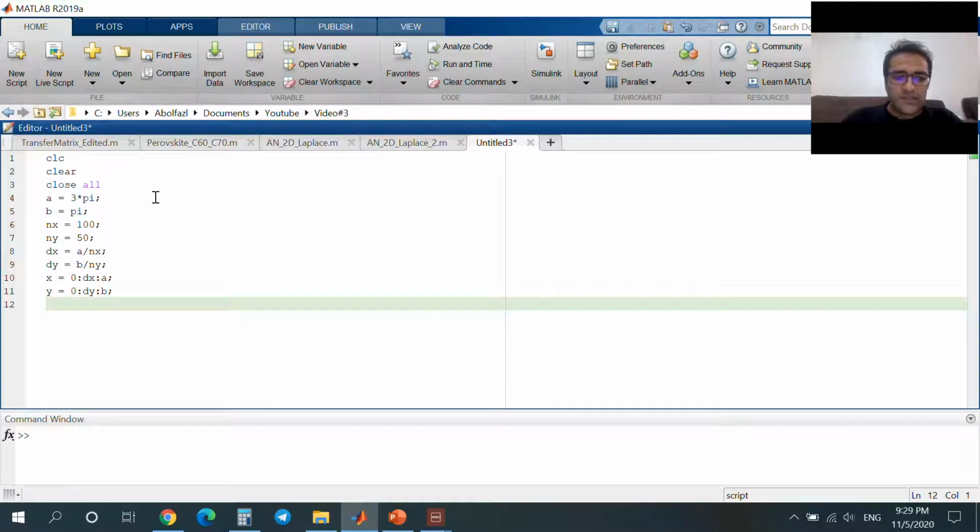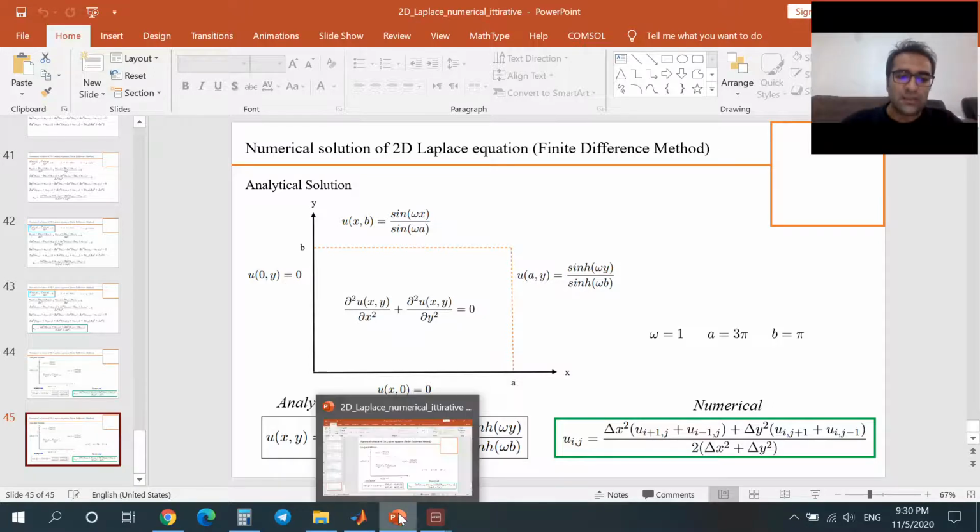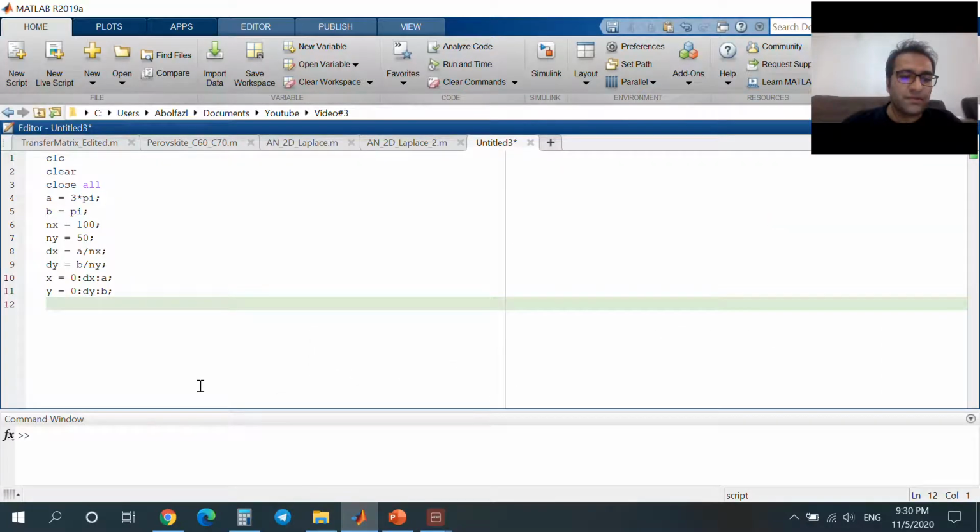Also, in the previous video, I explained that we can find this in two ways: finding this function inside a loop, or using the meshgrid command. I used the meshgrid command in the previous video, so in this video I will solve it inside the loop.